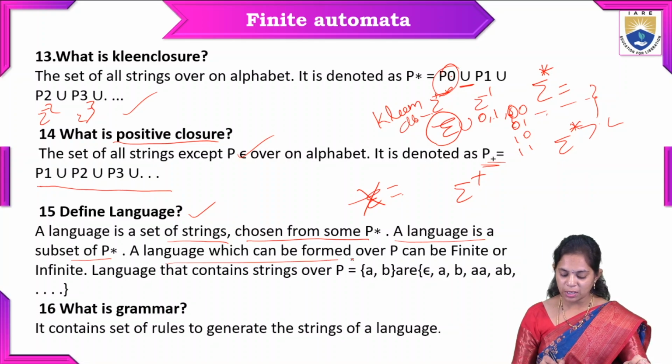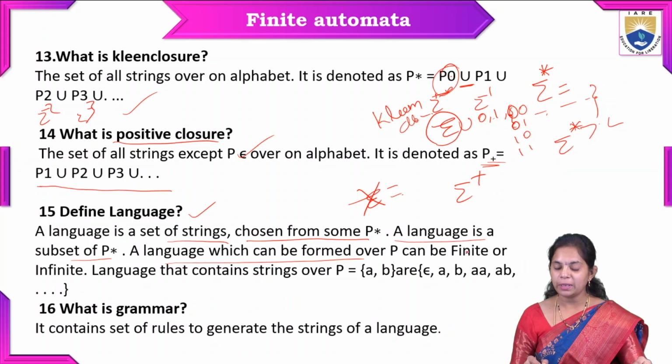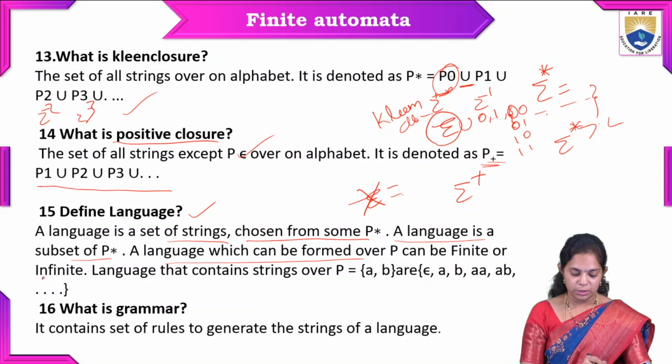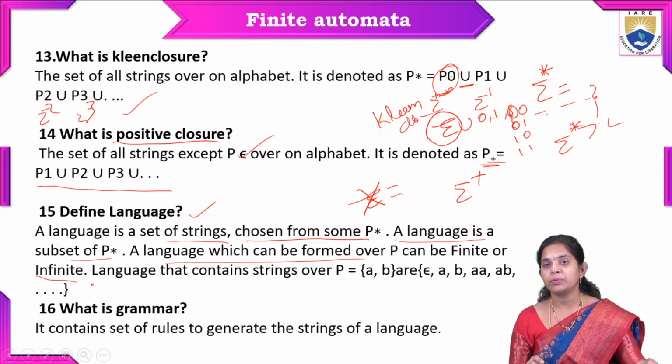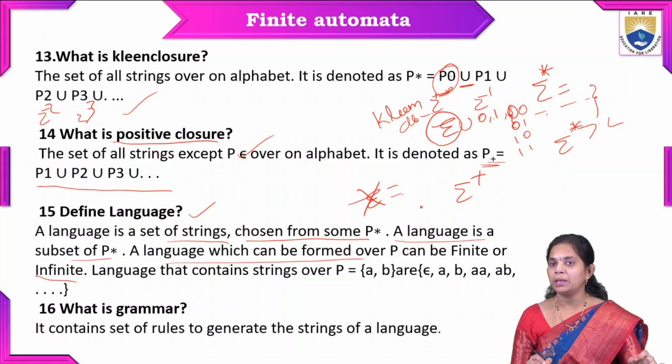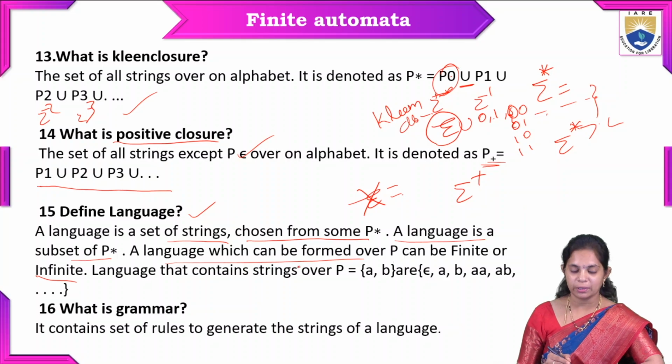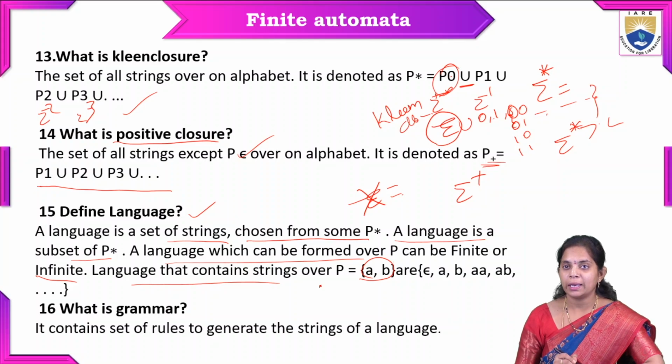The language which can be formed over sigma can be finite or infinite. A language contains strings. For example, what are the strings with a or b? Here we have taken sigma as a, b. With that, what are the possibilities of strings we can form?